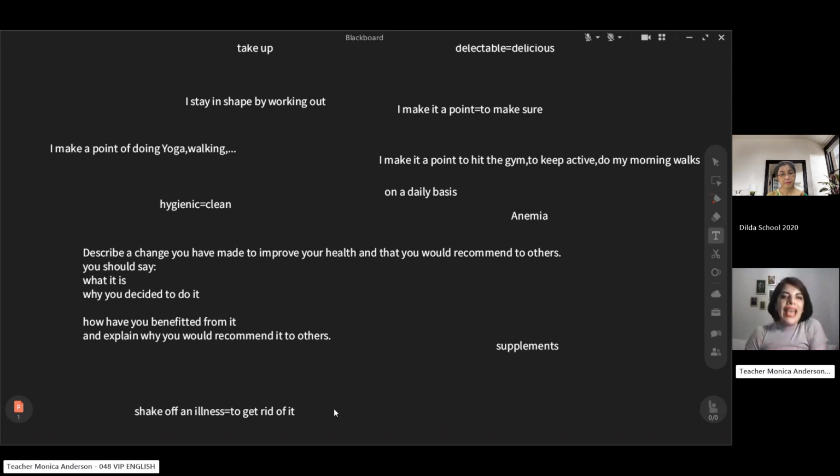I needed to take some medicines, and maybe it should help, or it can help shake off anemia, get rid of anemia. For example, I think if I take these painkillers, they can be helpful to shake off my headache. So you can say to get rid of, okay?